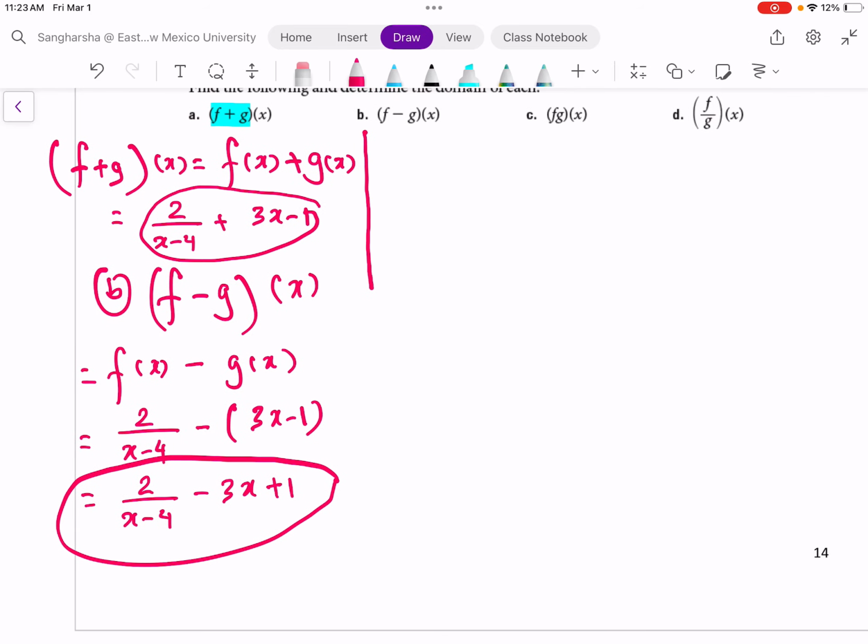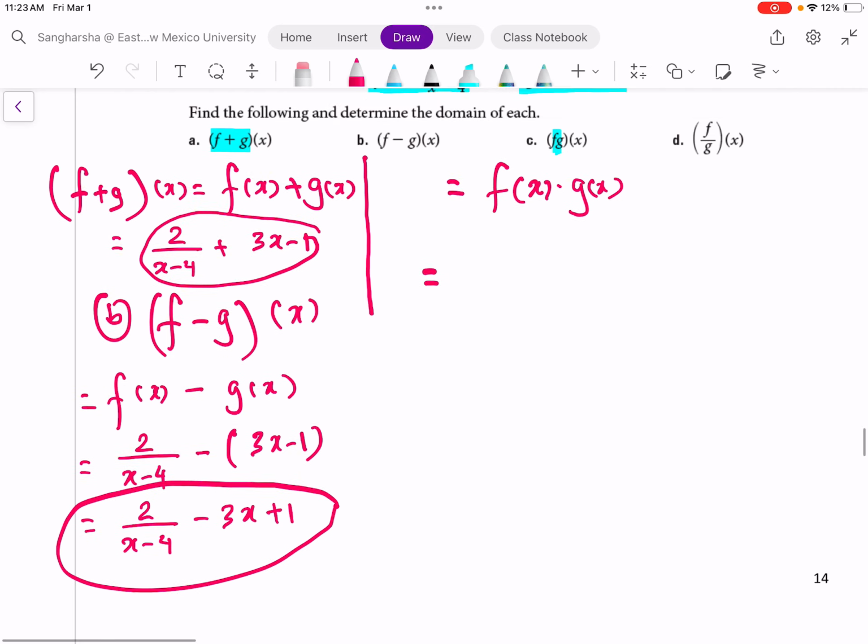Now in number C, we are asked to find f times g, fg function, and we have a product there. So f times g function is equal to f of x times g of x. So your fg function is f of x times g of x. Now you substitute your f of x.